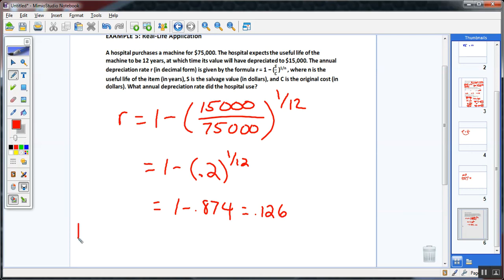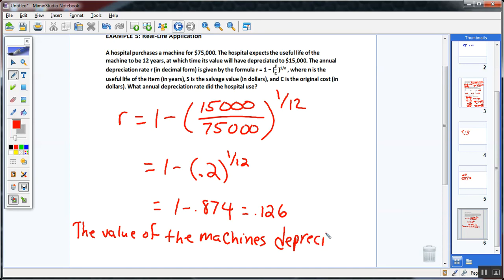So I'm going to say the value of the machine depreciates what percent? Depreciates 12.6% per what?